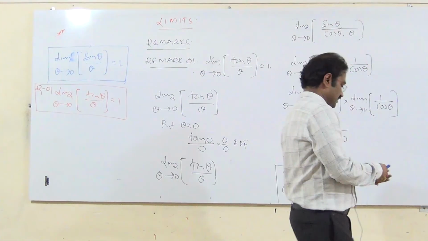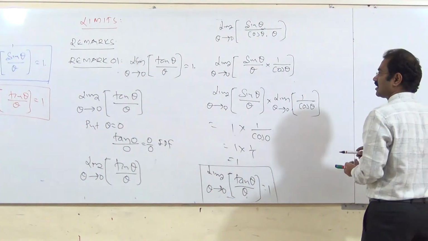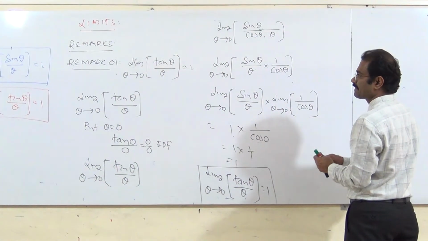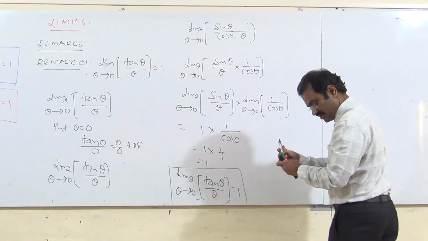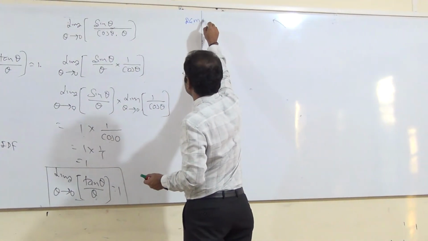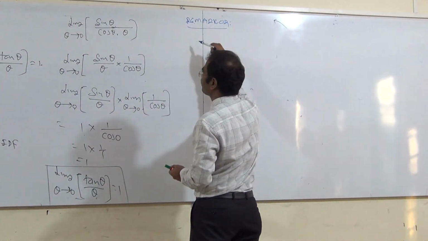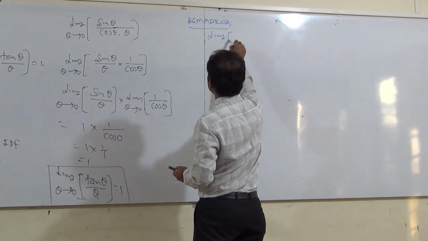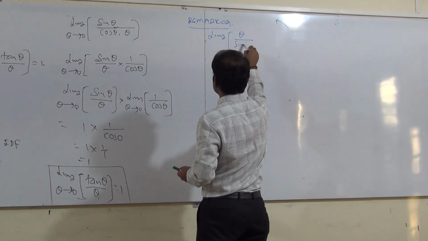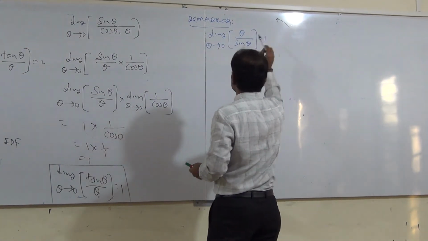Second remark, I write it here. Remark number 2. It is the limit of theta by sin theta as theta tends to 0 is equal to 1.